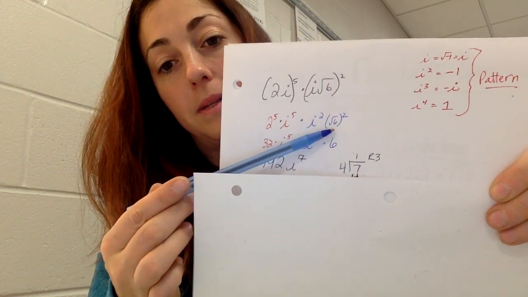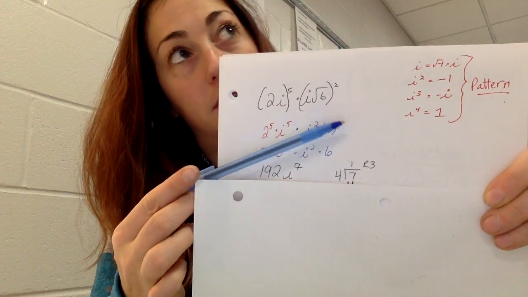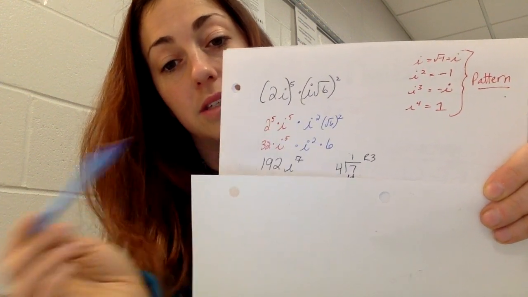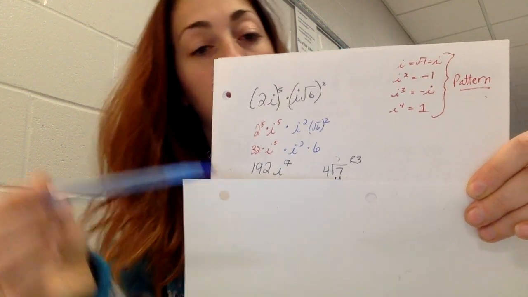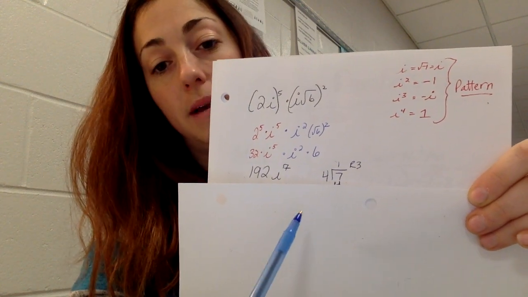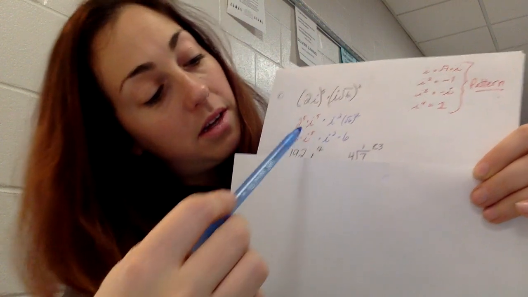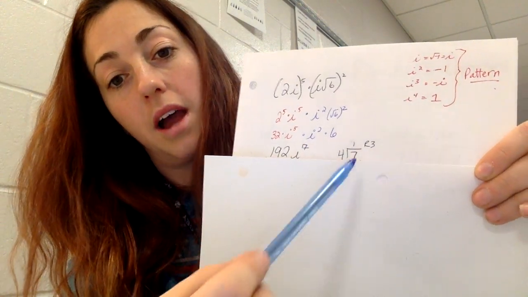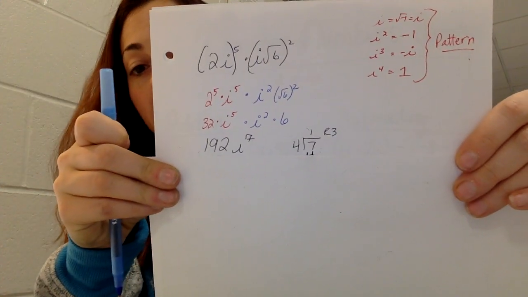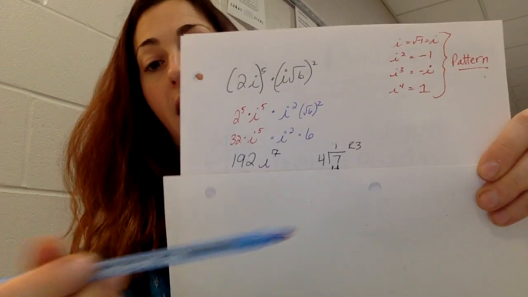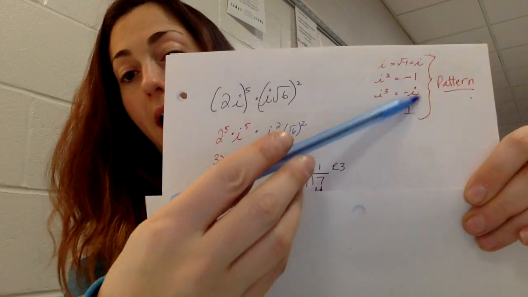And then what happens here is the square root of 6 squared just cancels to 6. So then we multiply 32 times 6 is 192. i to the 5th times i to the 2nd is i to the 7th. How many i's do we have? And then for the i to the 7th, you just have to use your pattern.